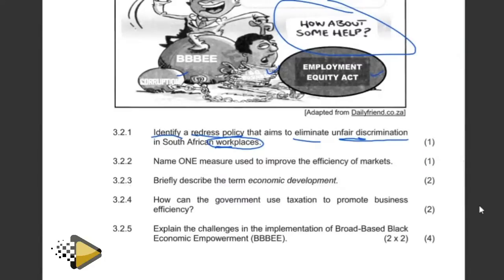So the question reads, identify a redress policy that aims to eliminate unfair discrimination in the South African workplace. If you still remember, when we talk of unfair discrimination, it means that different sets of individuals at the workplace are not treated in the same manner, or they are not treated equally.